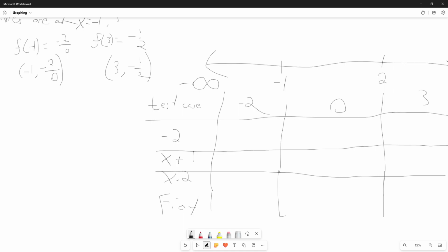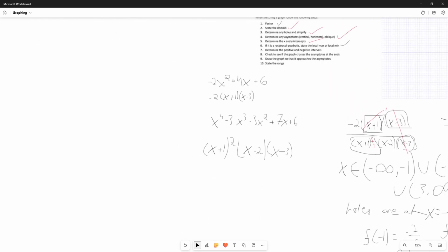So -2 here will always be negative everywhere because there's no variable to put in, so it will always just be negative. Now here we'll go across, so we'll have negative, negative, and negative, so our final is negative. On this side we're going to have a positive, then a negative, so it's a positive, and this side is positive, positive, so we have a negative. Those are our intervals where we get negatives or positives.